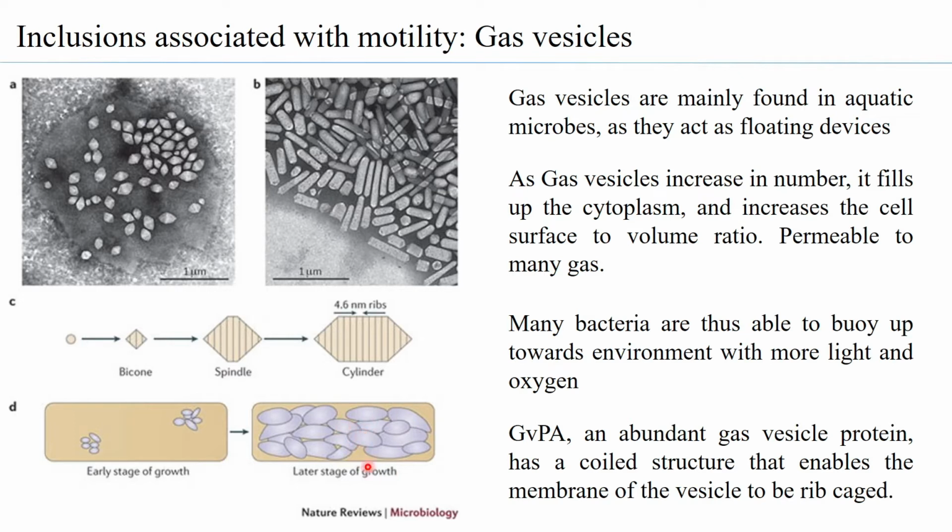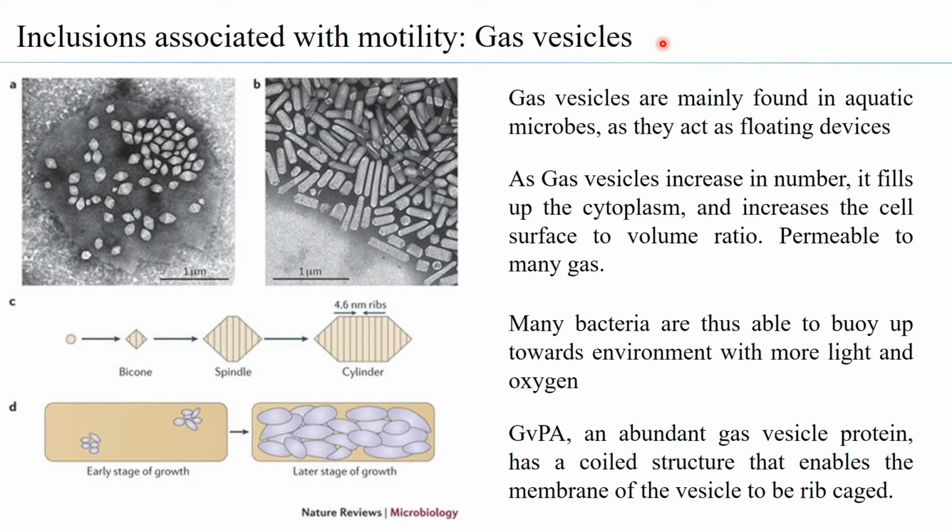And because it becomes buoyant, it is able to move towards an environment of more light and oxygen. So in a way, the amount of oxygen enables the cell to move towards a place where you have more oxygen.